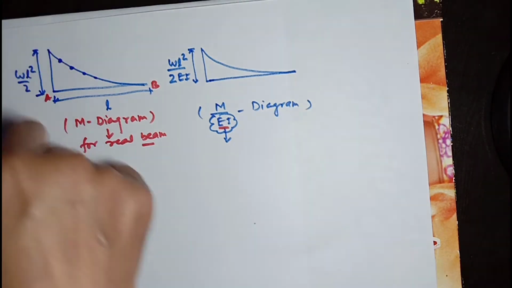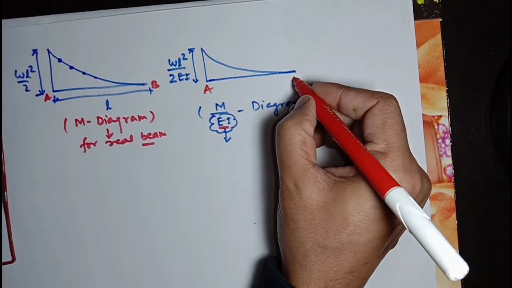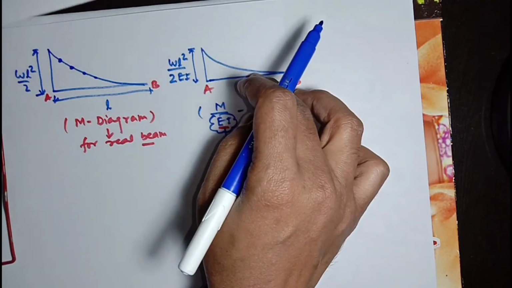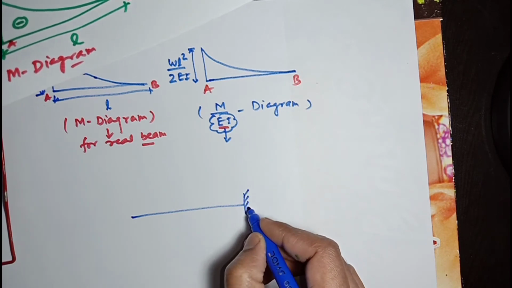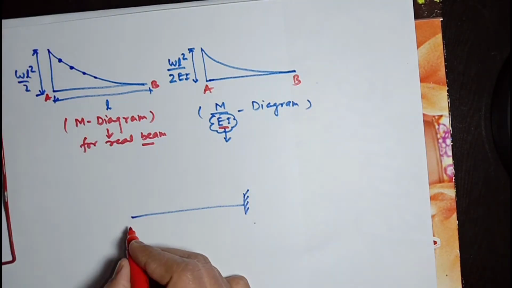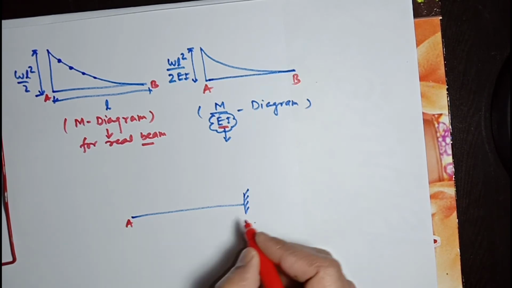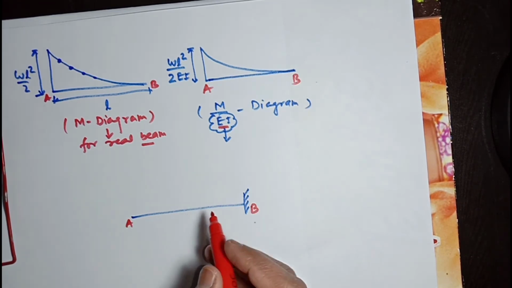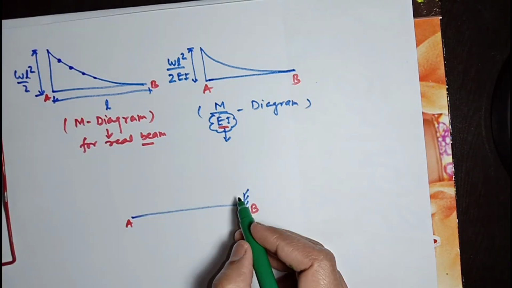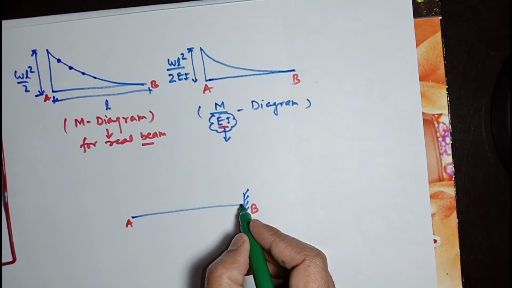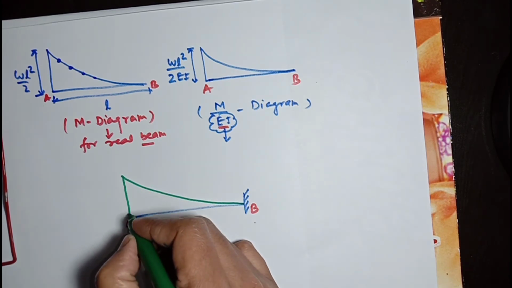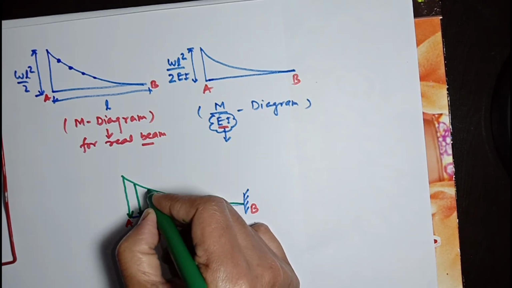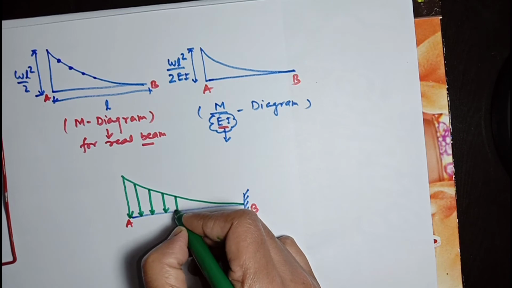So the loading diagram in a conjugate beam will be directly put on the conjugate beam. This conjugate beam has a fixed support at B and a free end at A, and our M over EI diagram is in this fashion. This is the profile of the M over EI diagram. It will be put directly on this beam, and it will make a loading diagram on a conjugate beam.